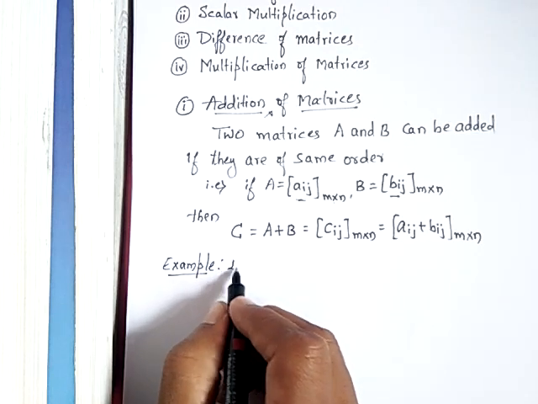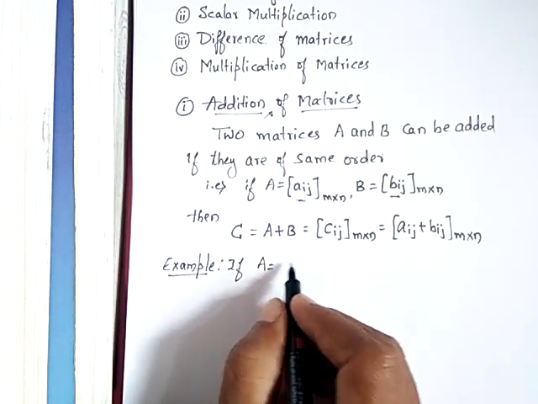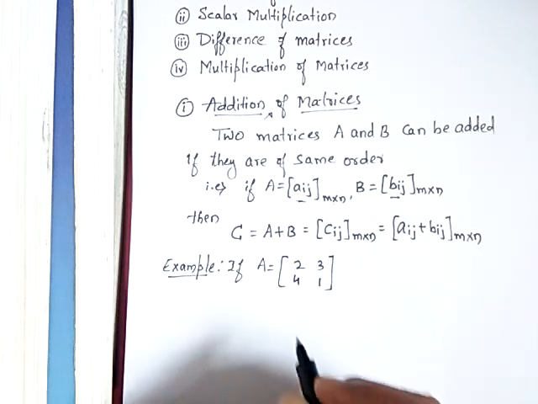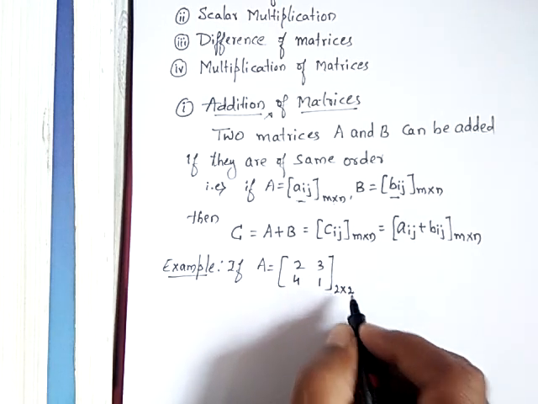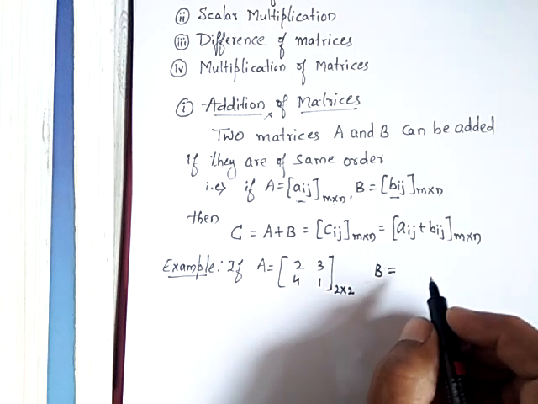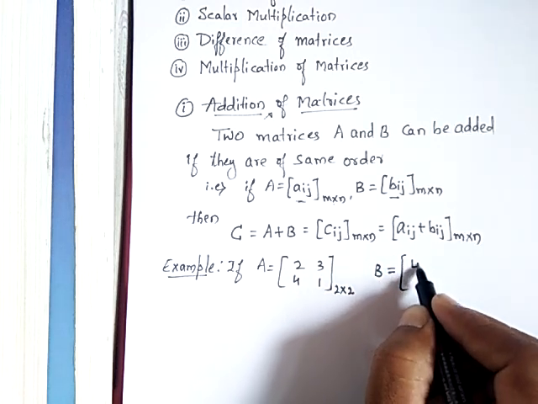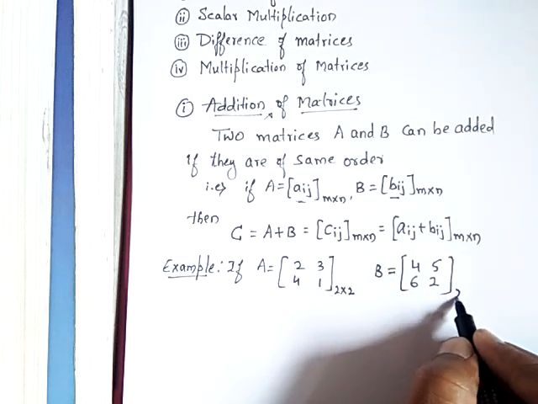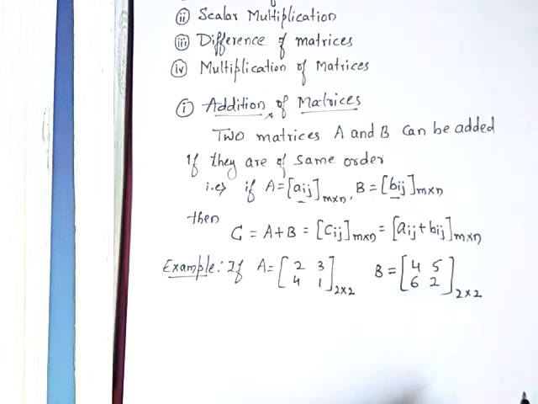If A is equal to 2 3 4 1 of the order 2 by 2, and I take one more matrix, B is equal to 4 5 6 2, this is also of the order 2 by 2.